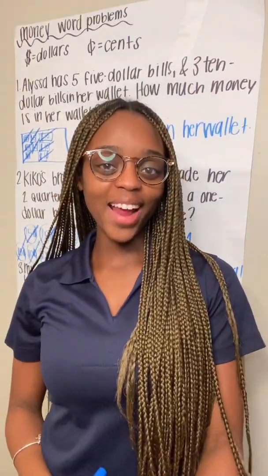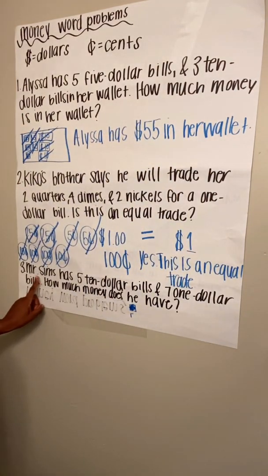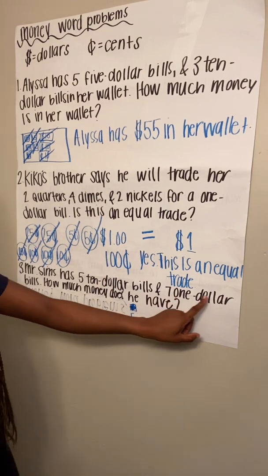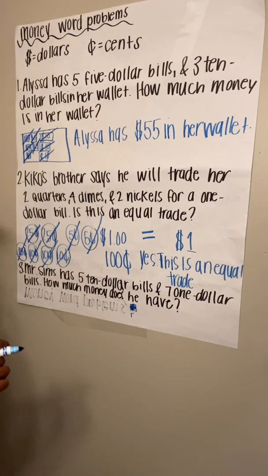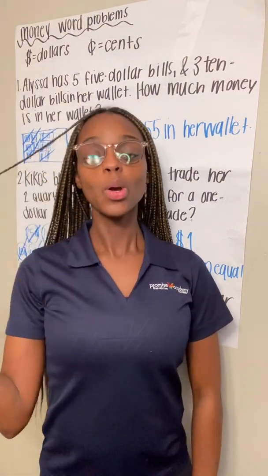All right, let's do our last problem. Let's read what it says. It says, Mr. Sims has 5 $10 bills and 7 $1 bills. How much money does he have? So the first thing we should do is draw 5 $10 bills.